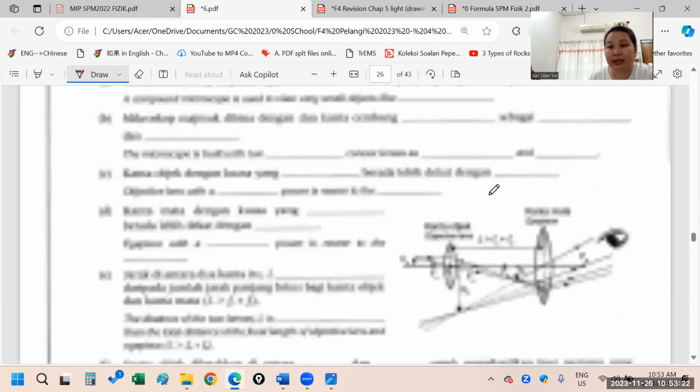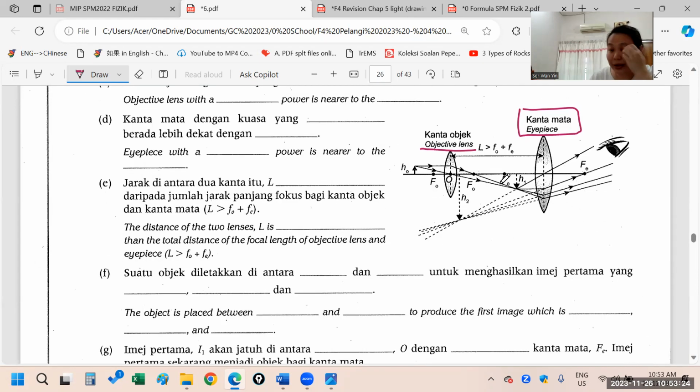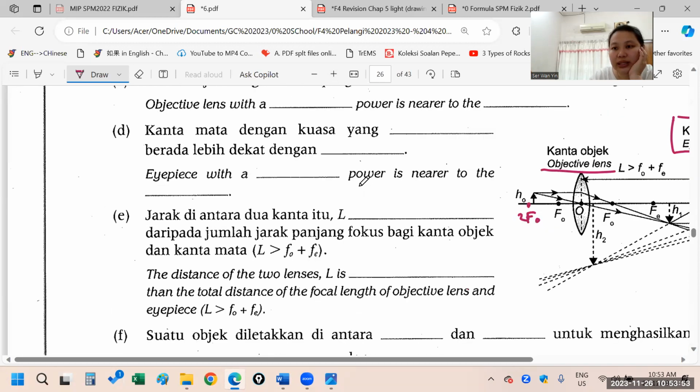But first of all, when we use a microscope, we will have two lenses. For a microscope, we will put the object between F objective and 2F objective.